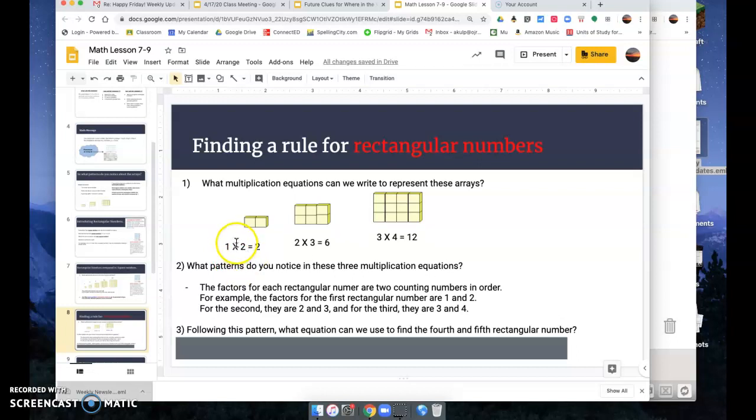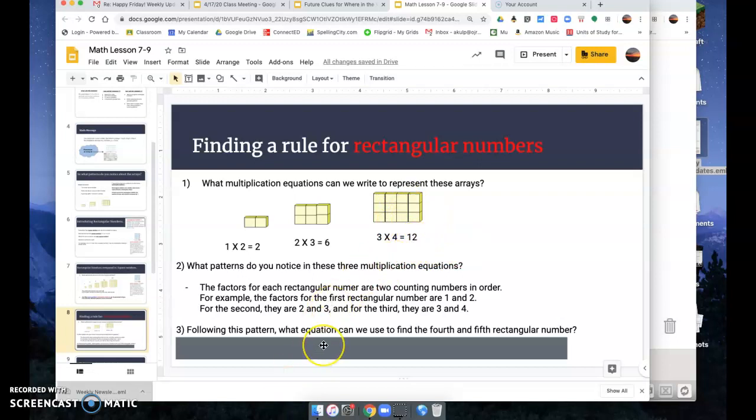For example, the factors for this first rectangular number, 2, are 1 and 2. For the second one, we start with 2, and the two factors are 2 and 3. For the third one, since we're looking at the third rectangular number, we use the counting numbers 3 and the next counting number, which would be 4. 3 times 4 equals 12, gives us that third rectangular number.